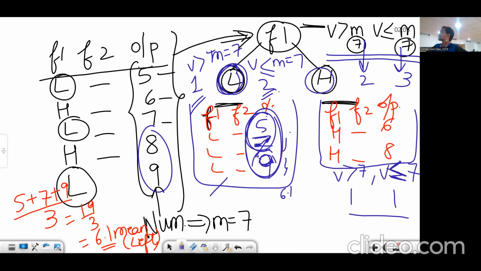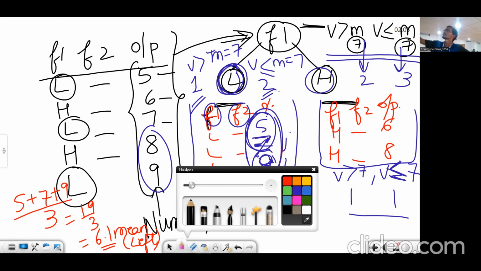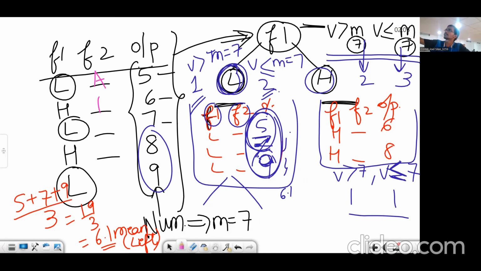We have to select which category. Maybe again we can split using F1, or using F2 this time. Suppose F2 has the values A, B, B, A. Suppose we want to split as per F2 now.